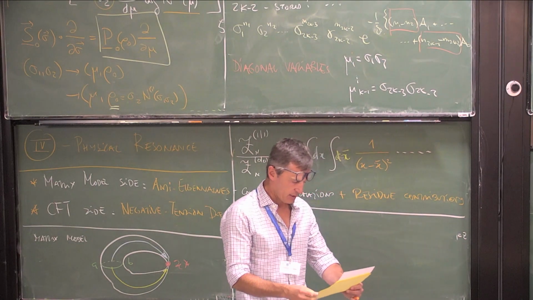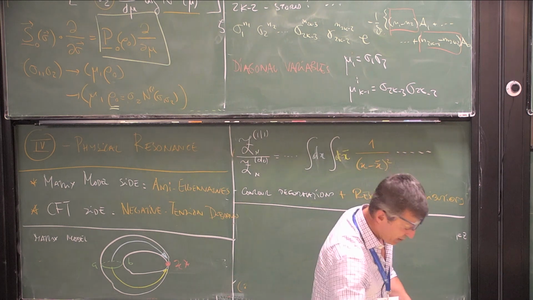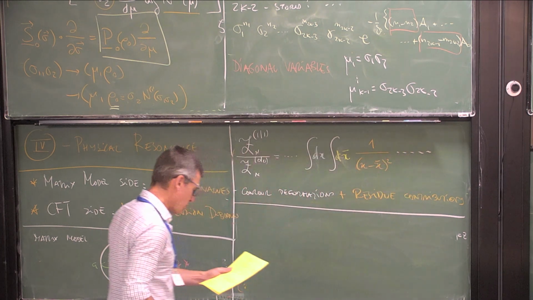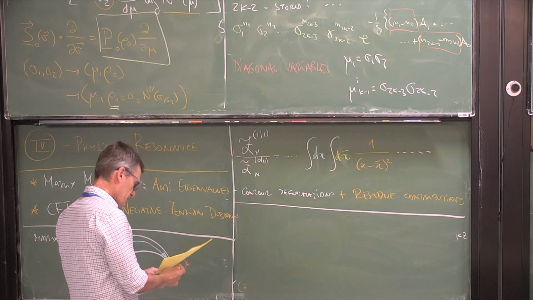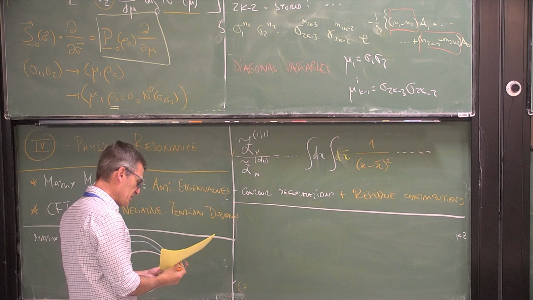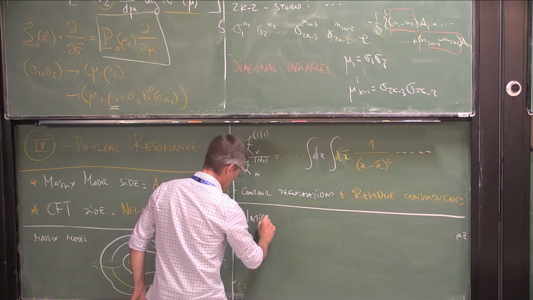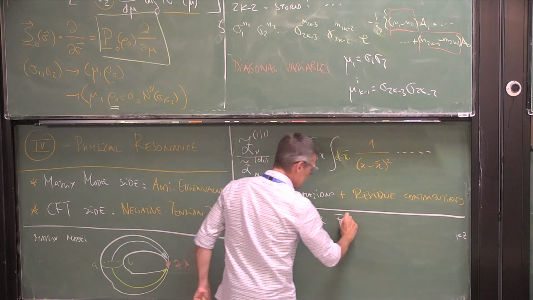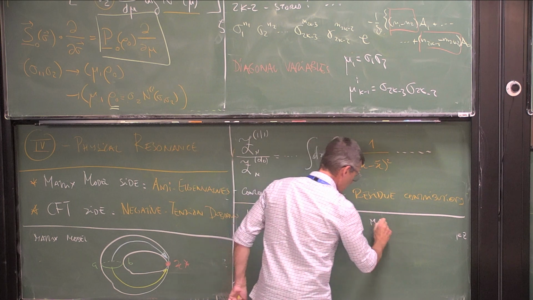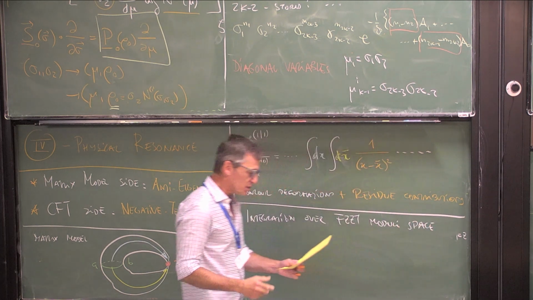No more technical details. And let me just say that from the point of view of boundary conformal field theory, what you do basically, okay, maybe I should say even less details here, but you do an integration over FZZT moduli space to compute these very same contributions.